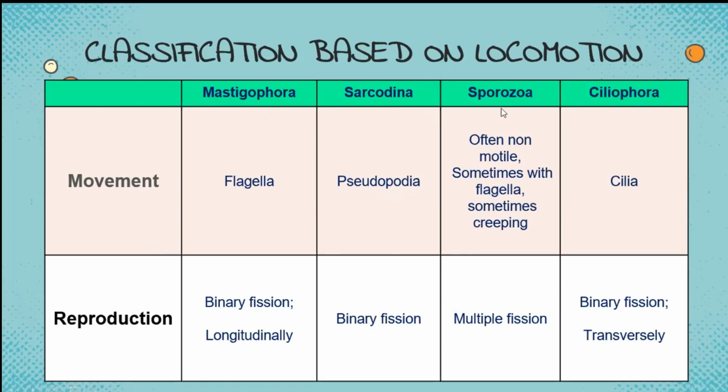Next, for the Sporozoa, the movement is often non-motile, but sometimes with flagellae, sometimes creeping, and for reproduction, it has multiple fissions. And the last one is Ciliophora. The movement is by cilia and the reproduction is binary fission and transversely.